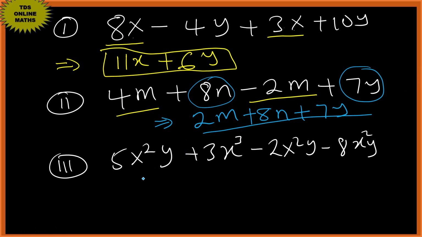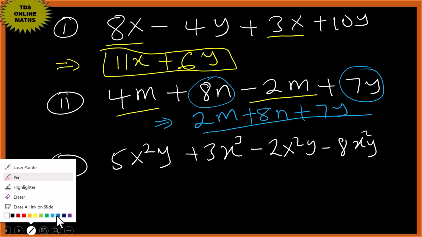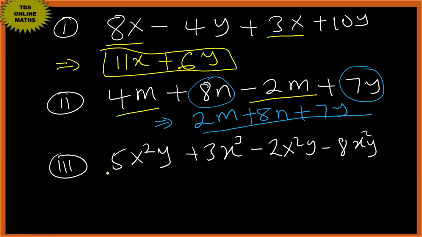Okay, now let's look at the last one. So let's look at the last example here. Let's look at the terms that are like. So we have x squared y, then x squared y. So let's put them together.